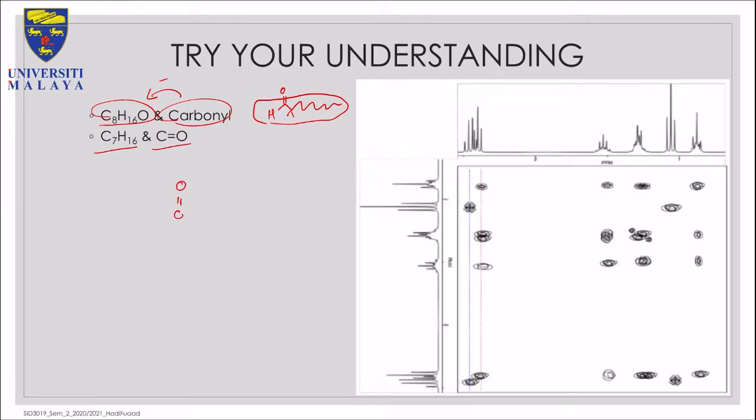This proton over here will be connected to that one, and of course also connected to the ones adjacent to it. Connected in the sense that you can sense the neighboring protons, in a spin system whereby one proton is connected to another one.